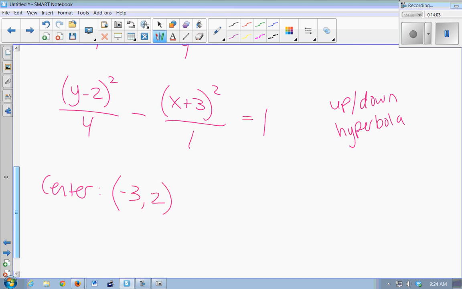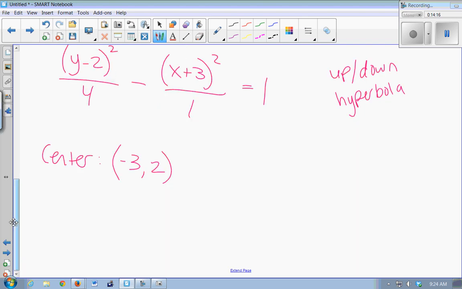I fell for it. -3, 2, yep. And then I actually find it easier to just start graphing it at this point. So I'm going to put in the center, -3, 2.